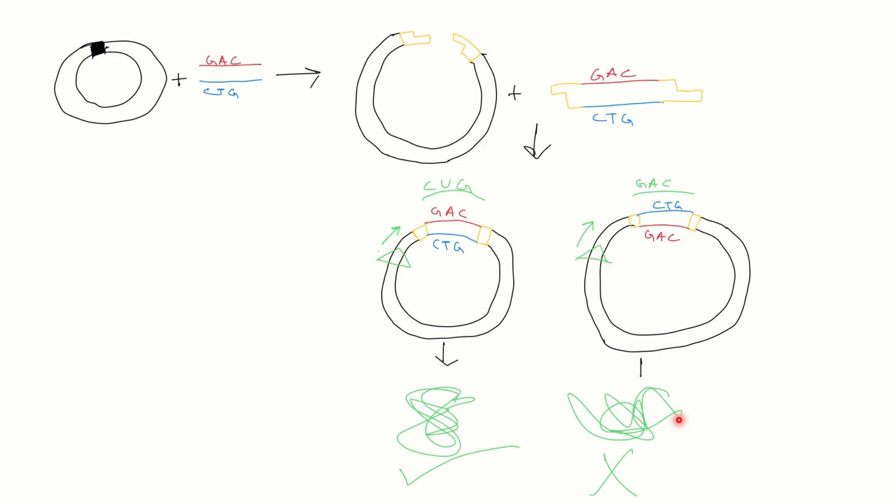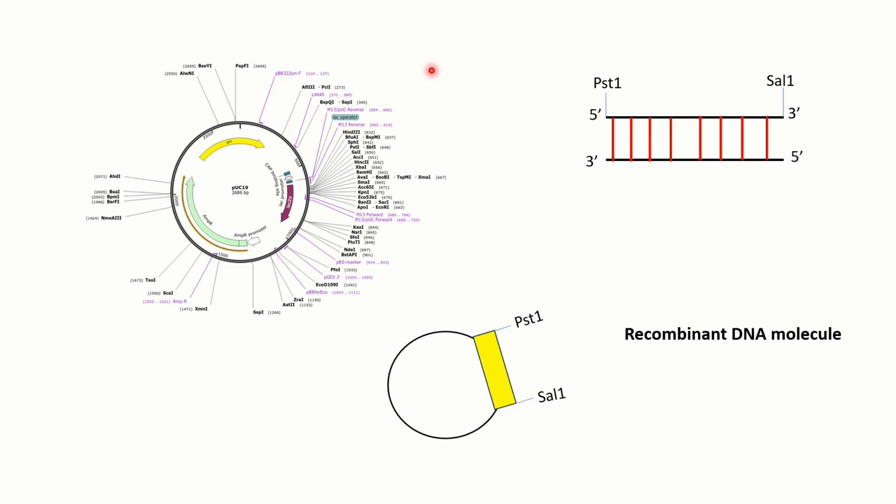Another problem of cutting our gene of interest and the vector with one restriction enzyme is that the vector can self-ligate. To avoid this problem, we need to cut our gene of interest as well as the vector with two different restriction enzymes, and this is called directional cloning.